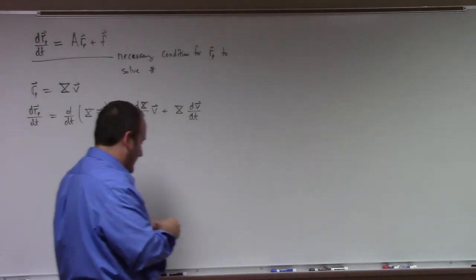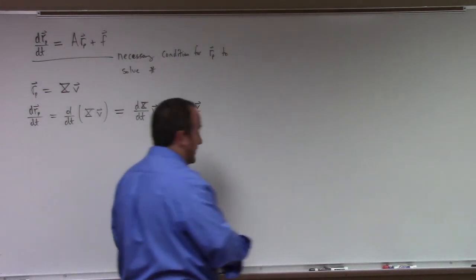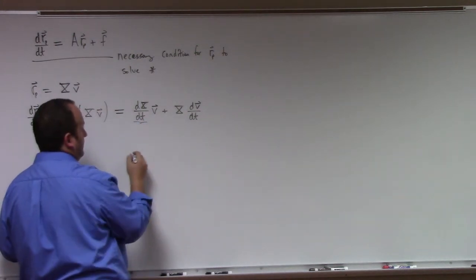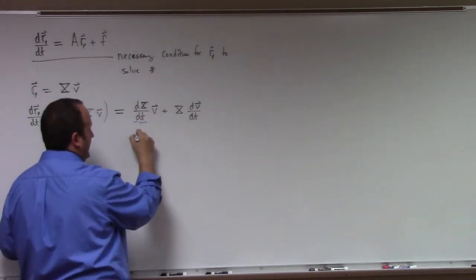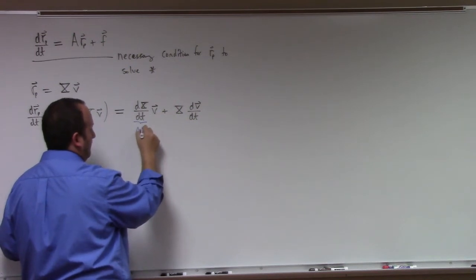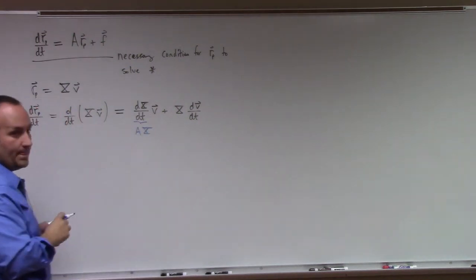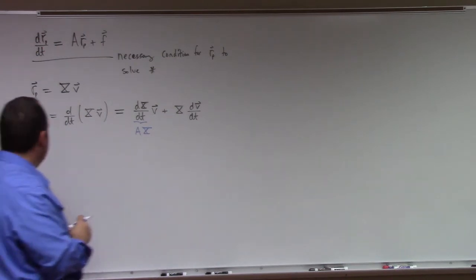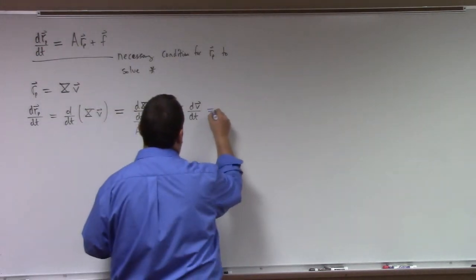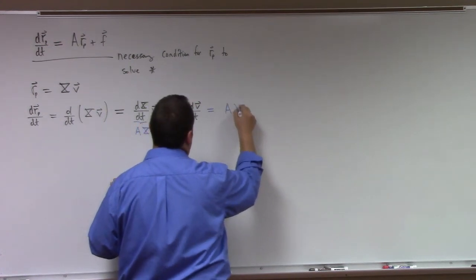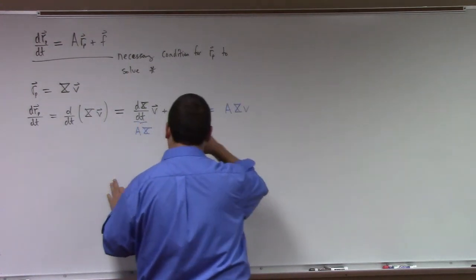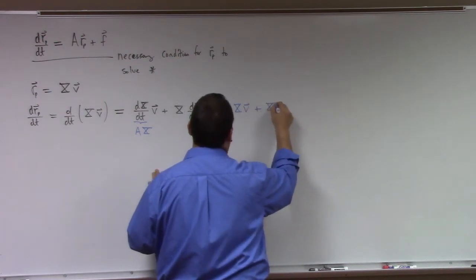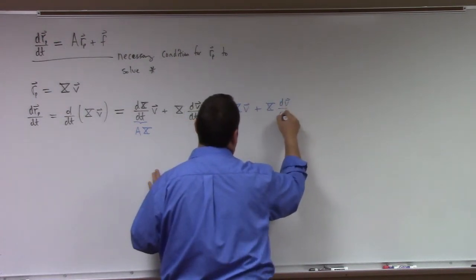And what do we know about x, though? It's a solution matrix, right? So what's this equal to? That's Ax, we're assuming, right? So what do we got here? We have dr_p/dt is equal to Axv, plus x dv/dt.